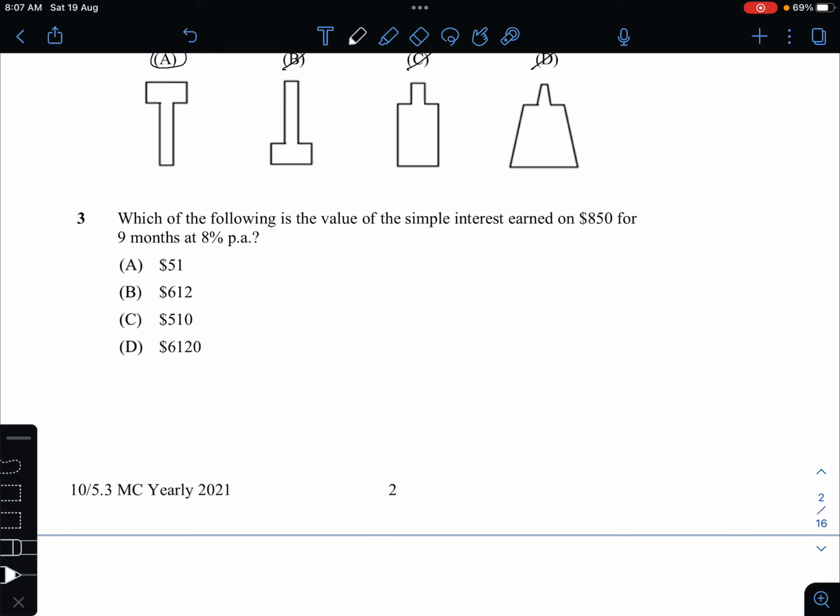Now for question 3, which of the following is the value of the simple interest earned on $850 for 9 months at 8% per annum? So you can use the equation A equals P times (1 plus RT) for simple interest, where P is equivalent to your principal, so your starting money, which is 850.